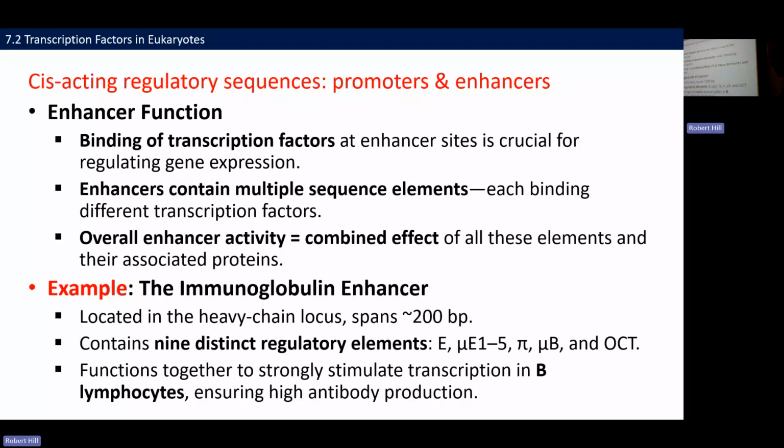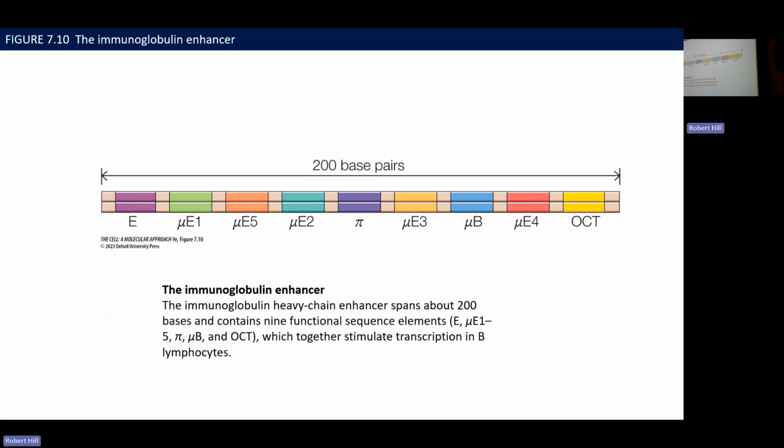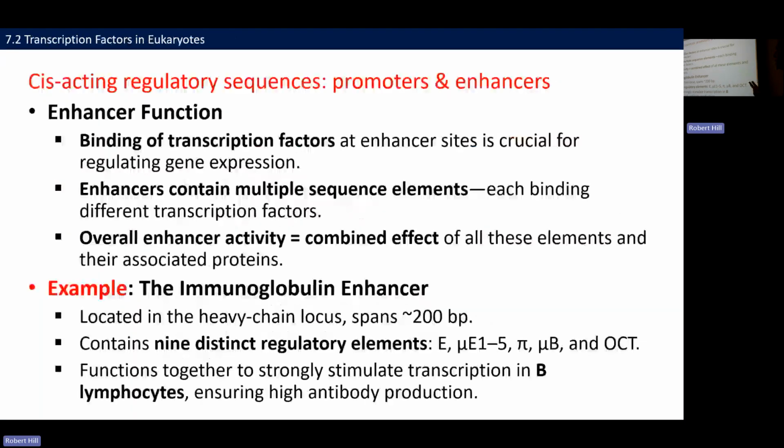So the Ig enhancer is a good example of an enhancer sequence. Immunoglobulins are antibodies, right? So when a plasma B cell wants to produce antibody, that's its role. If it's got an antibody figured out and how to make it, it wants to make a lot of it.